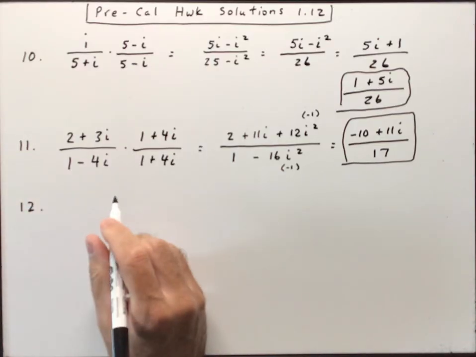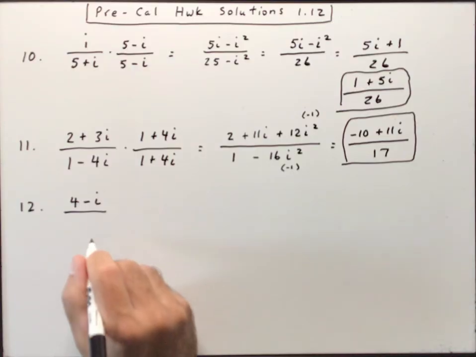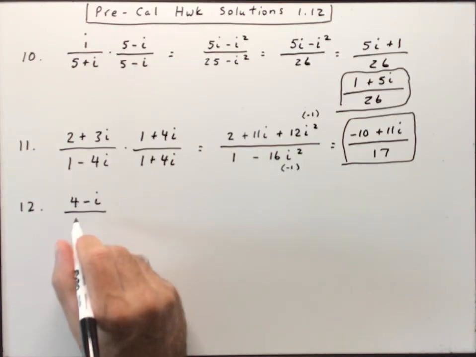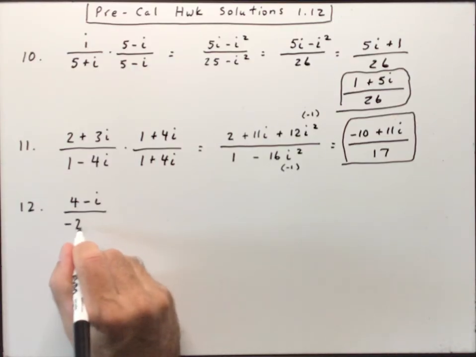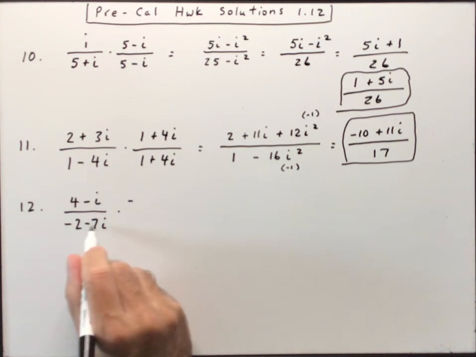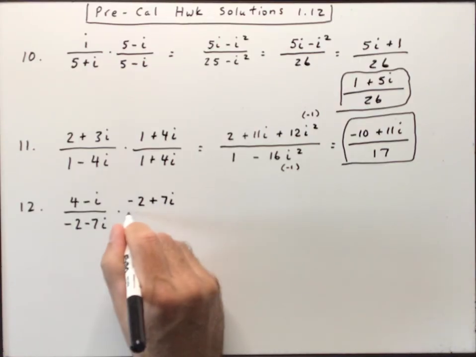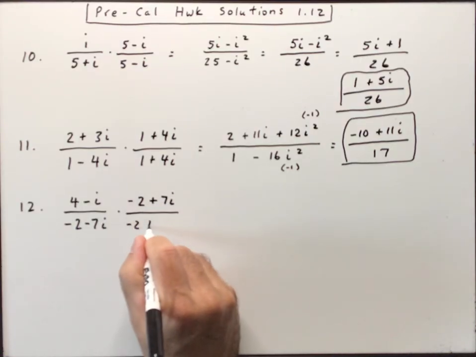All right, number 12, we've got 4 minus i over negative 2 minus 7i. So the conjugate of the denominator would be negative 2 plus 7i over negative 2 plus 7i.